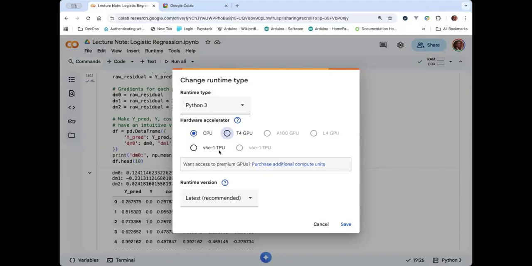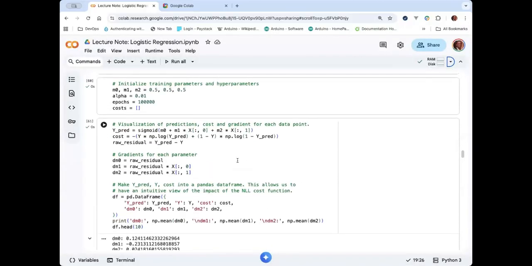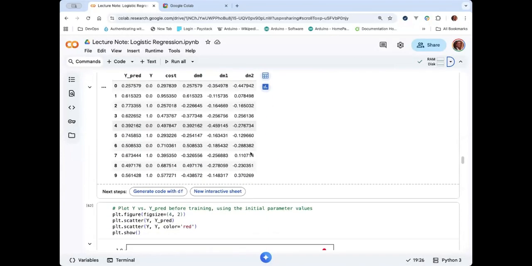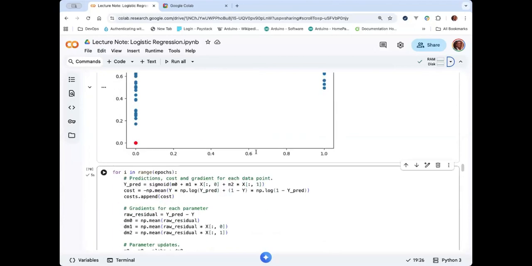That basically does the same thing that GPUs do, but much better, according to Google. So that's a TPU, a tensor processing unit. A GPU is a graphical processing unit. So you can use any of these, right? Now, let's do a little bit of stuff just to show you how much better GPUs are than a regular CPU.